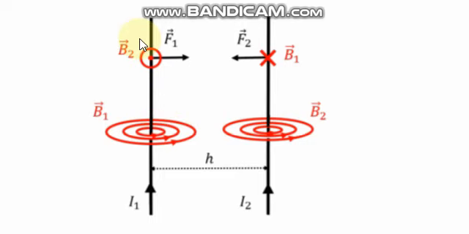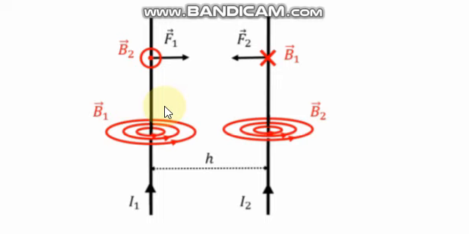In one of the last lectures, we have seen that whenever a current carrying wire is placed in a magnetic field, then the magnetic field produced around the current carrying wire and the external field interact, due to which a magnetic force acts on that wire, and that wire is either pushed one way or the other depending on the direction of the current and the magnetic field in which it is placed.